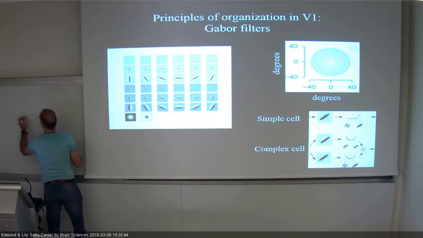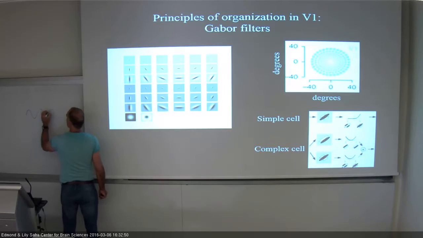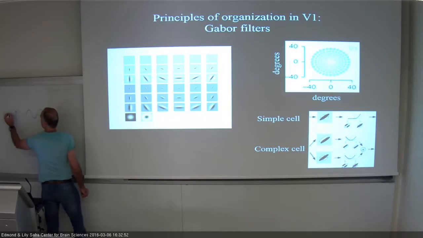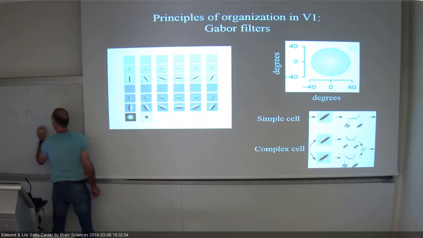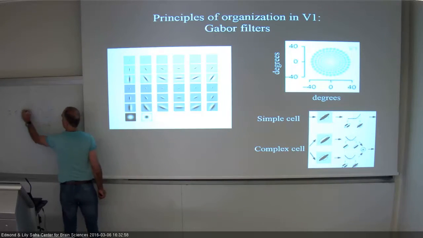You may have something which is, say, the optimal stimulus. This would be luminance as a function of x, which would correspond to the receptive field.